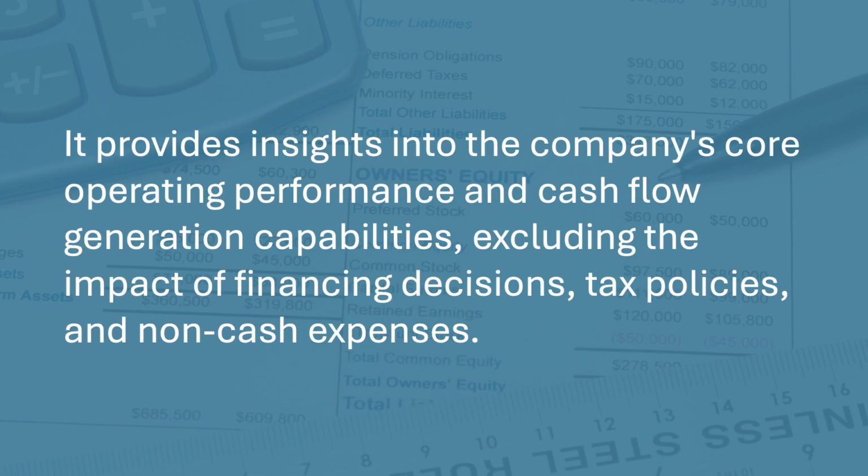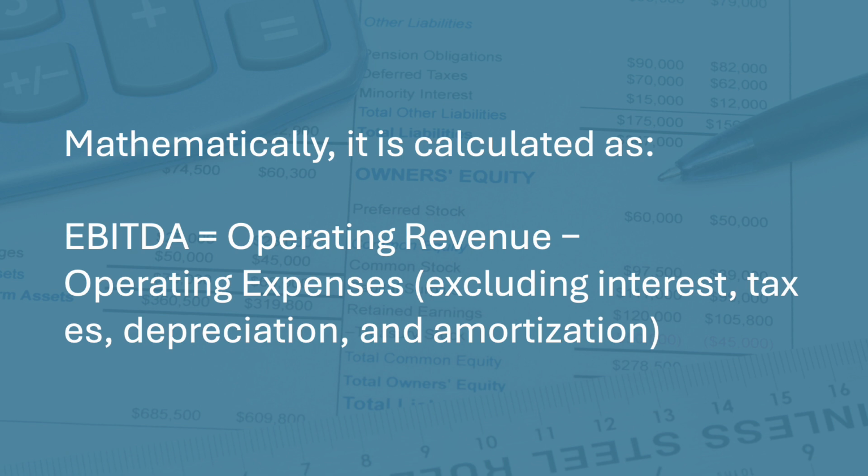It provides insights into the company's core operating performance and cash flow generation capabilities, excluding the impact of financing decisions, tax policies, and non-cash expenses. Mathematically, it is calculated as EBITDA equals operating revenue minus operating expenses excluding interest, taxes, depreciation, and amortization.